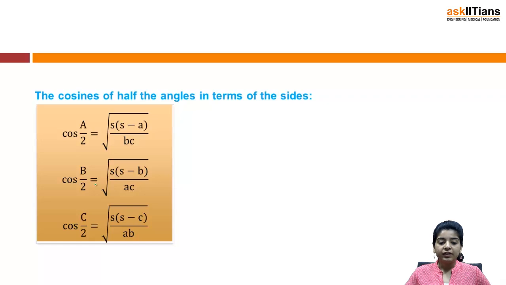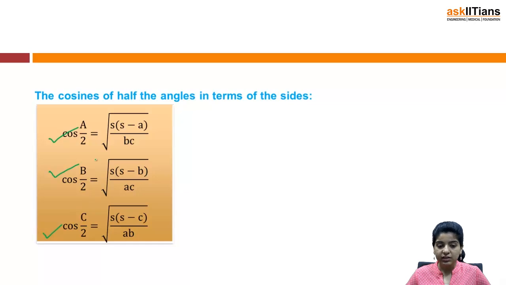Next is cosines of half the angles in terms of their sides. Cos A by 2 is under root of s(s minus a) by bc, cos B by 2 is under root s(s minus b) by ac, and cos C by 2 is under root s(s minus c) by ab.